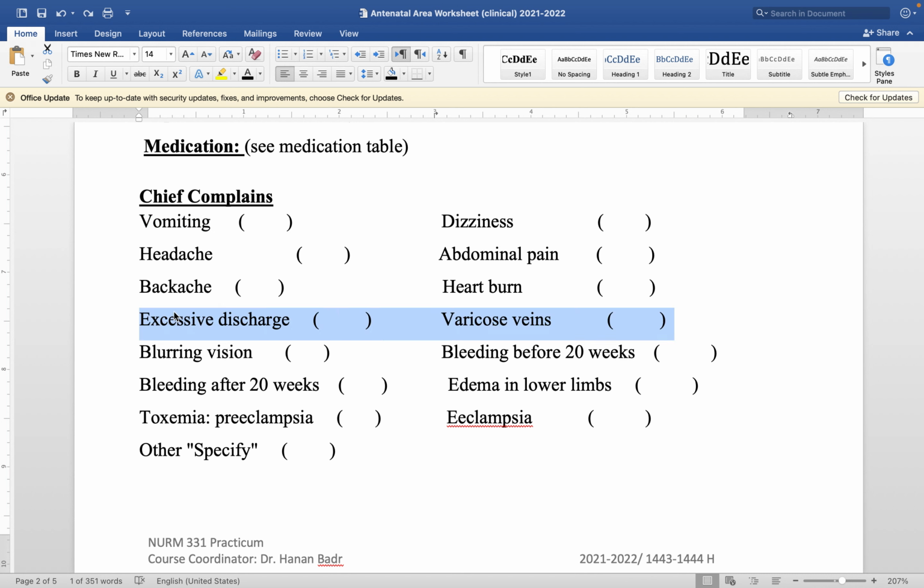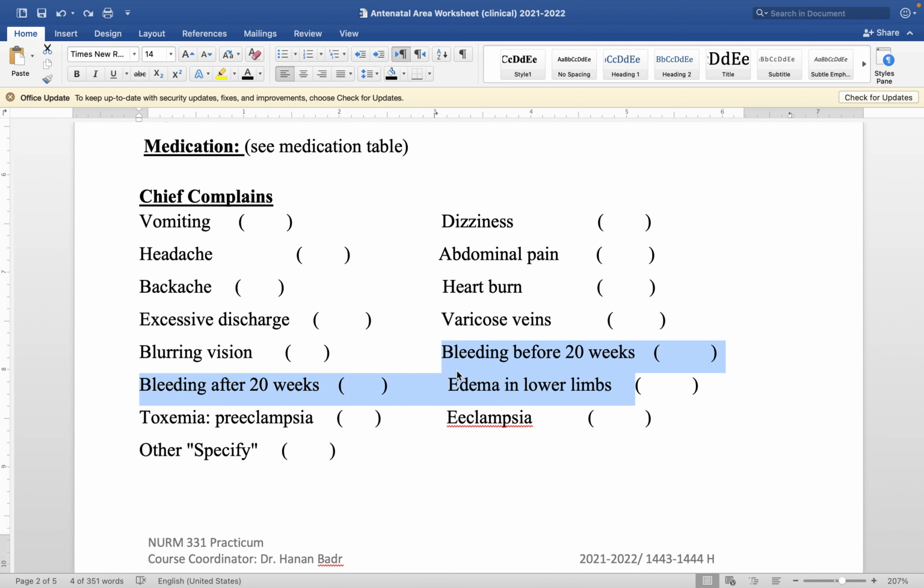If she is having headache, excessive vaginal discharge, backache, blurred vision, bleeding after 20 weeks, preeclampsia, and abdominal pain, varicose veins, bleeding, edema, especially the lower extremity edema and the upper extremity edema, especially on the hand and the face. We also monitor that. It's one of the indicative signs during pregnancy, and if they come with other signs, it would be another diagnosis for a more complicated pregnancy.